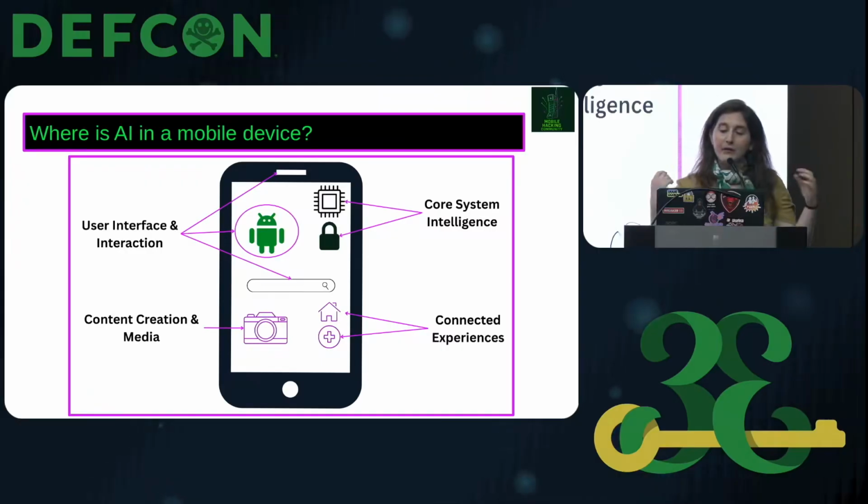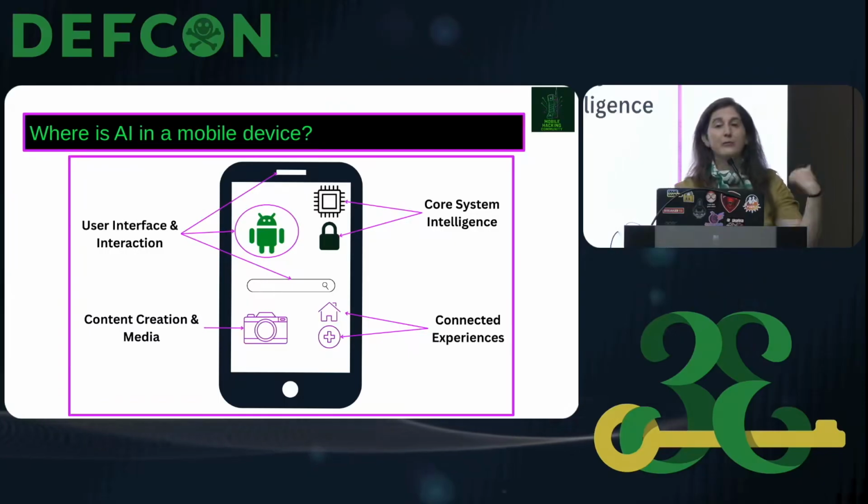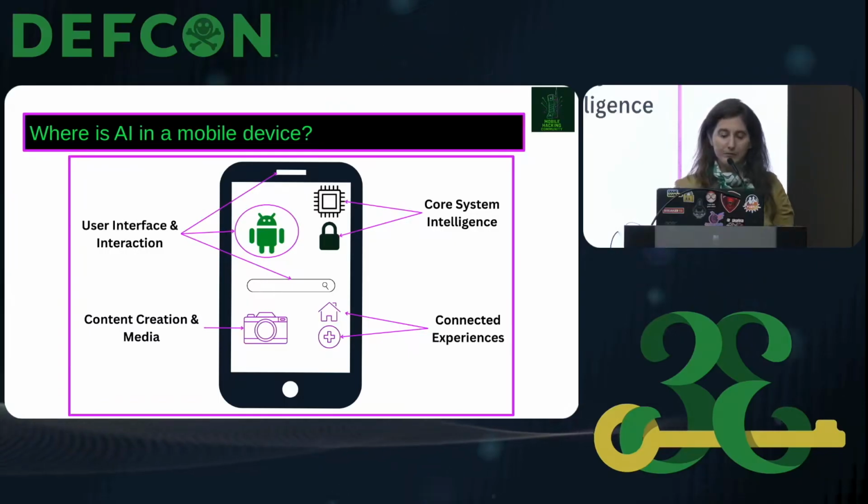The meta-category content creation and media focuses on AI features that enhance creative expression, media consumption, and generation on Android devices. Finally, the connected experience meta-category covers AI integration that extends beyond the device itself to connect with external services. This can be IoT devices, health monitoring systems, and so on.